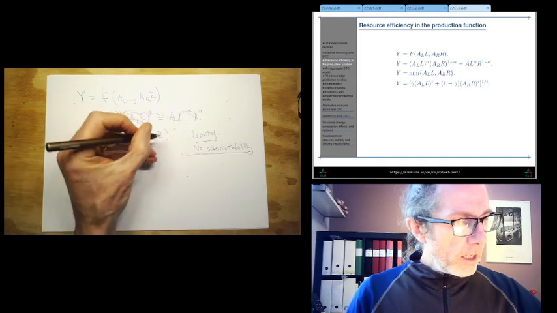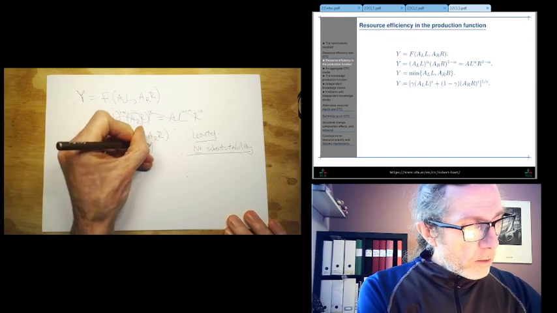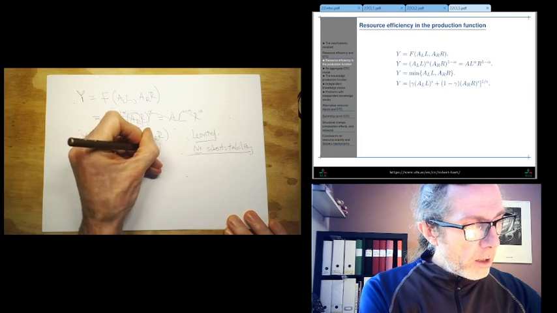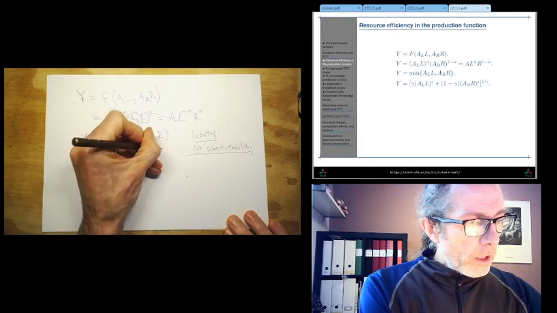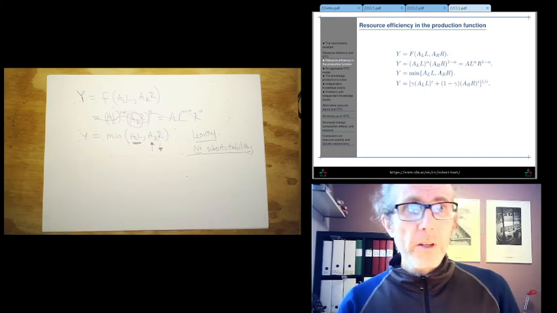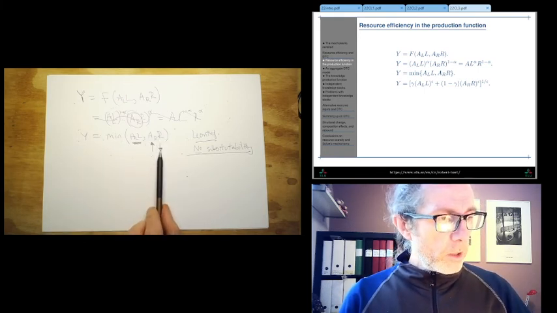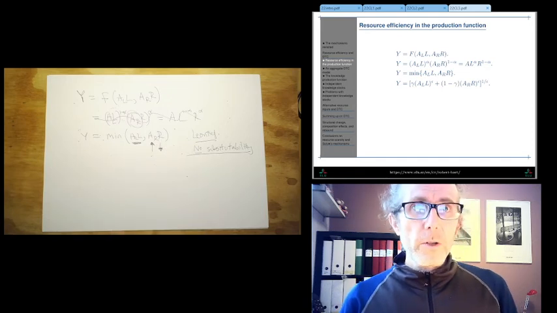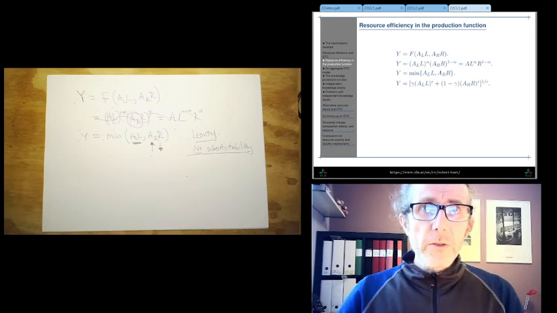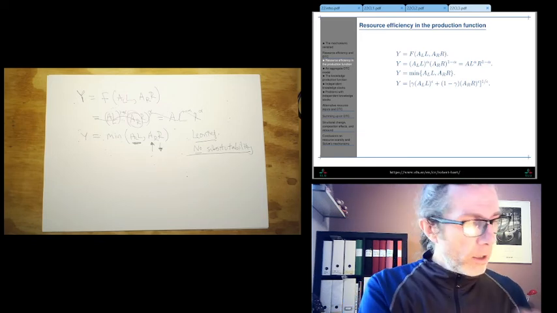And here, clearly, if A_L L is fixed and we can double A_R, then we will halve the need for R. So clearly this function is capturing the idea that raising resource efficiency will reduce the need for the resource. But it's kind of extreme. Could we do something more general?